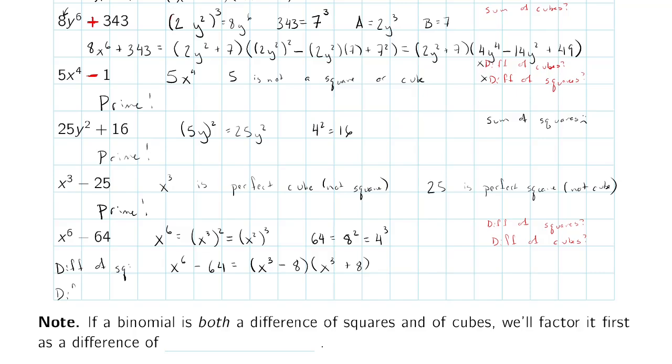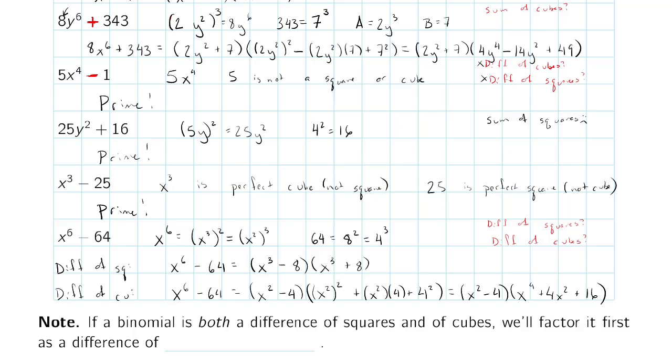As a difference of cubes, I can say my x to the sixth minus 64 factors as x squared minus 4 times, let's see, x squared squared plus x squared times 4 plus 4 squared. So x squared minus 4 times x to the fourth plus 4x squared plus 16.